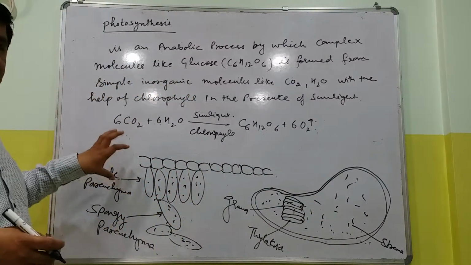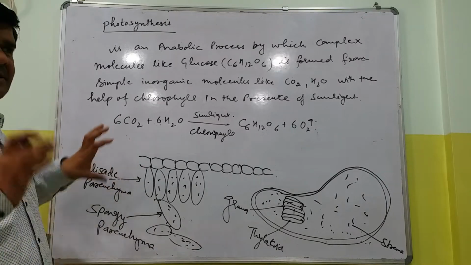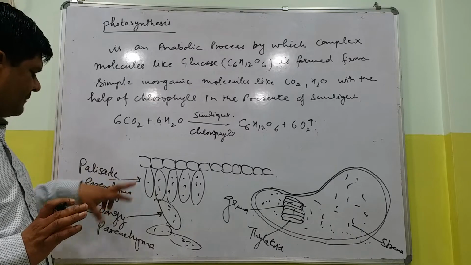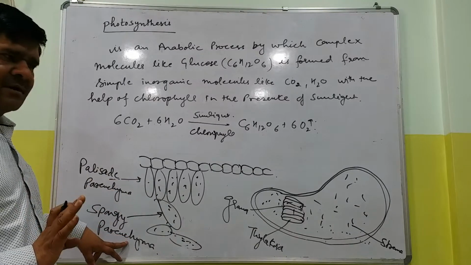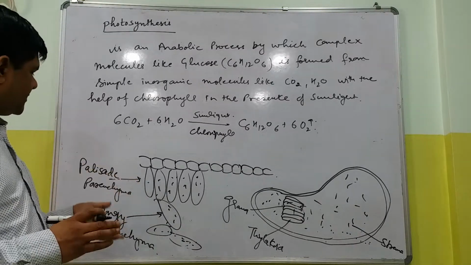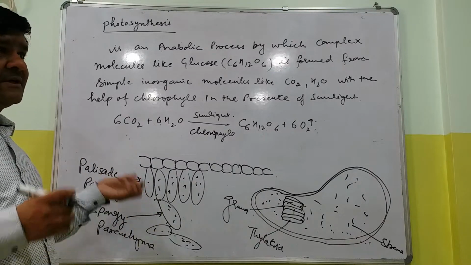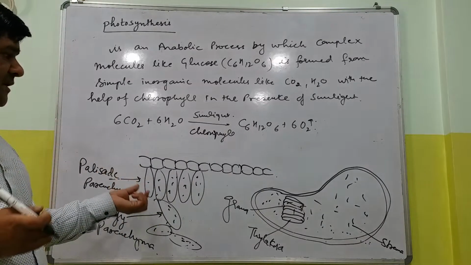So leaf is the photosynthetic organ. Inside it, mesophyll cells called palisade parenchyma and spongy parenchyma are present. Inside them, chlorophyll is present, and chlorophyll is contained in chloroplasts.